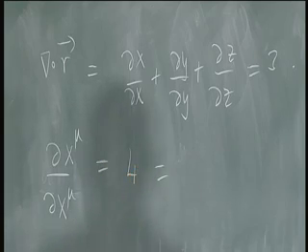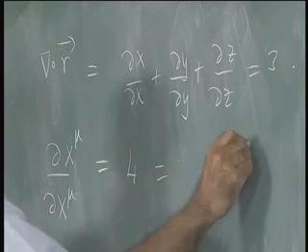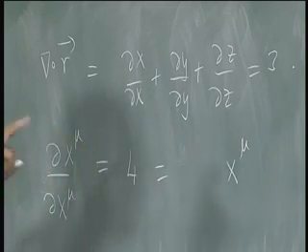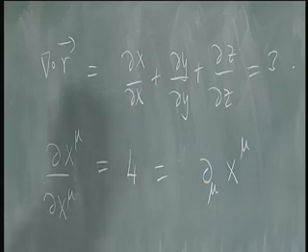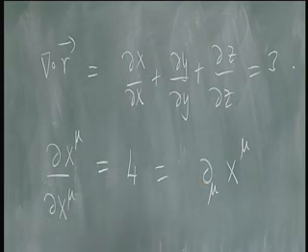But this stands for x^μ there, and I want to use a symbol for the del operator. So let me use ∂ with a μ here, in keeping with our convention that contraction is always done between a covariant index and a contravariant index.